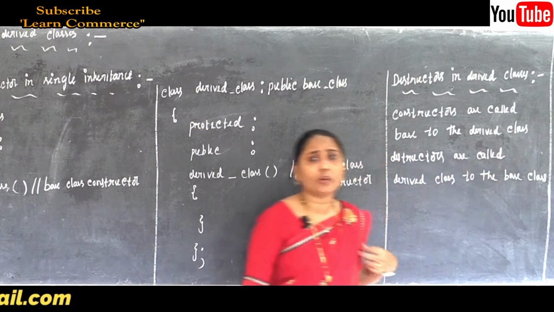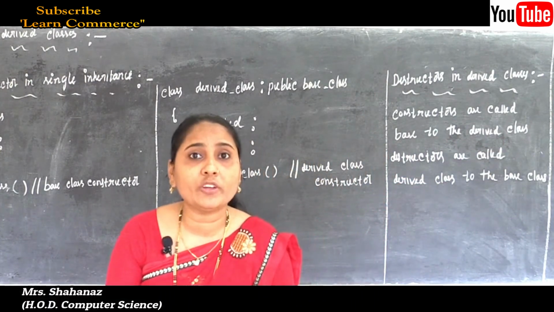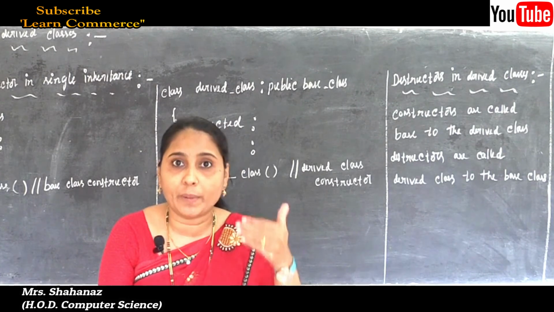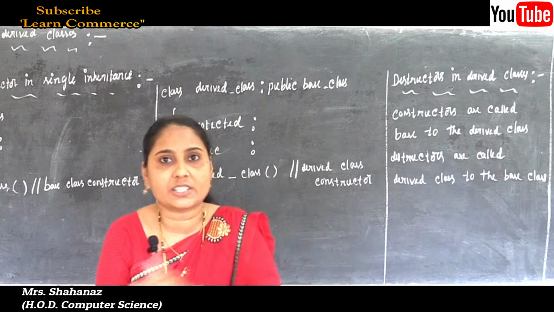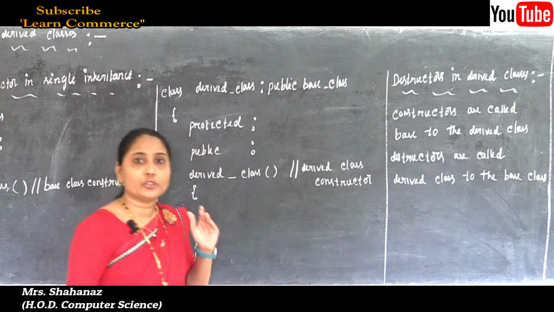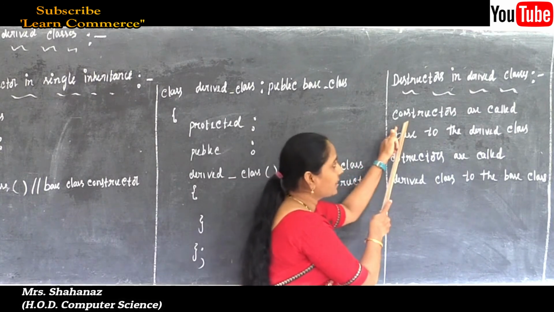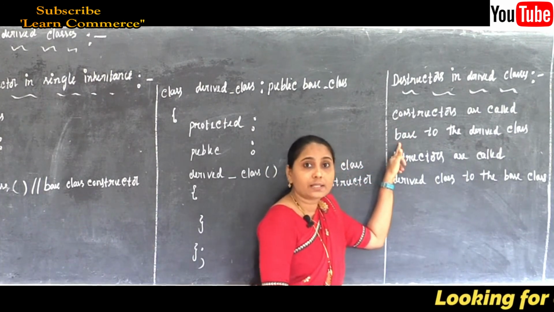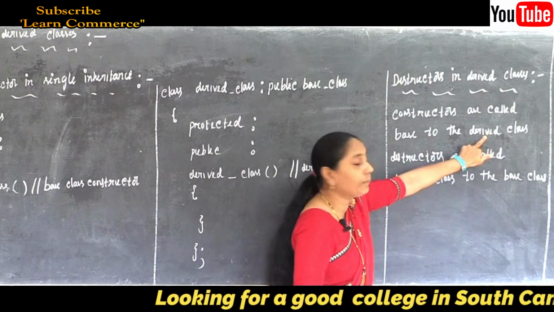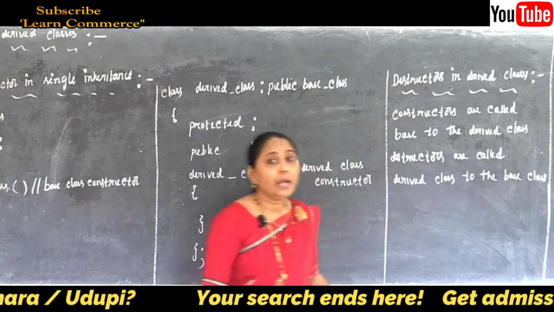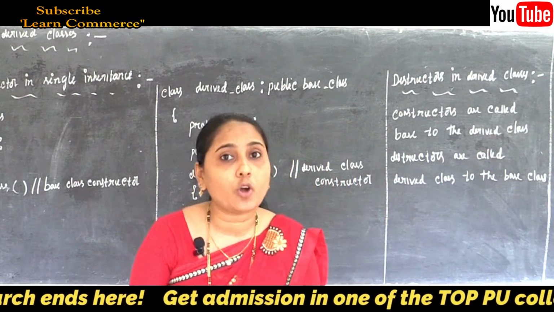When you are going to execute, first we call the base class constructor, then the constructor in the derived class is executed. So remember, constructors are called down the line, from the base class constructor to the derived class, but destructors are called just in the reverse order.